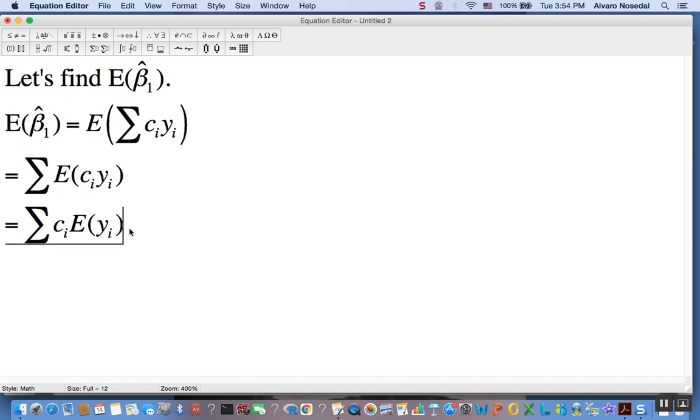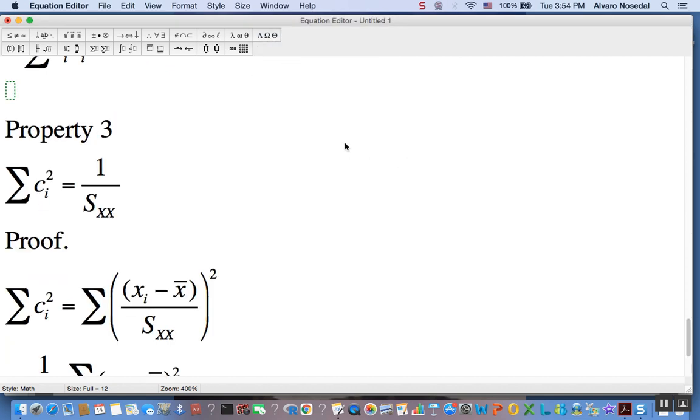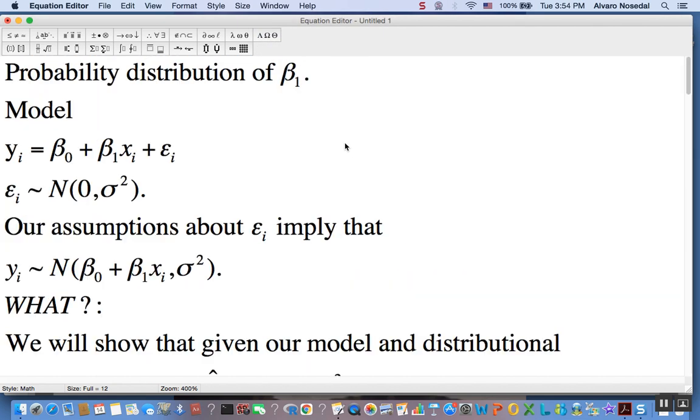But using our model, remember our model looks like this: yi equals beta 0 plus beta 1 xi plus epsilon i.